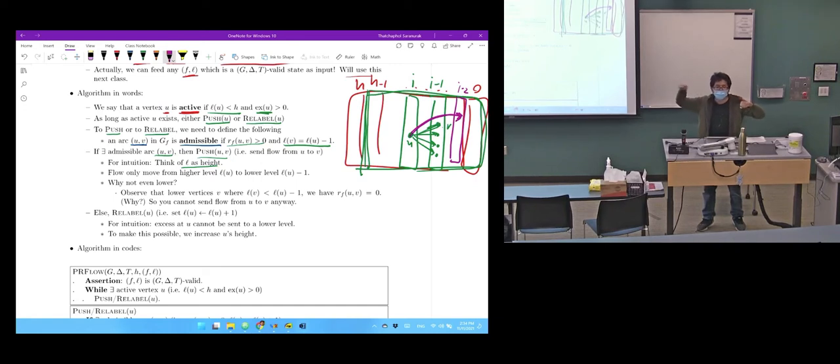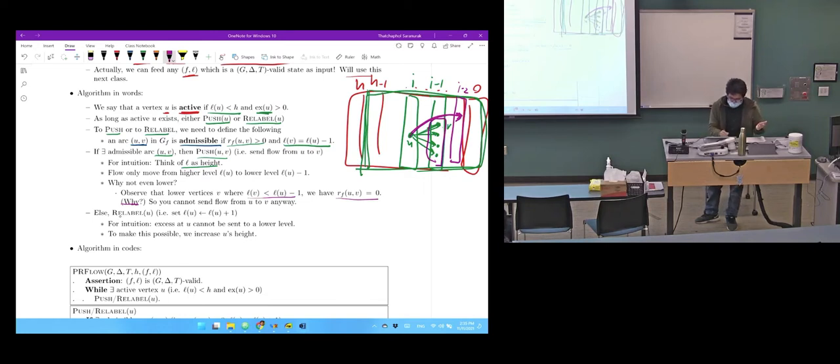So you cannot actually send flow to those nodes anyway. This is why it makes sense to just look at the nodes one level below only and try to send flow to them. For the nodes that have lower level, the residual capacity is going to be 0 by the invariant. So you cannot send to those anyway. So if there is an admissible arc, if you can send flow to the lower level, you send.